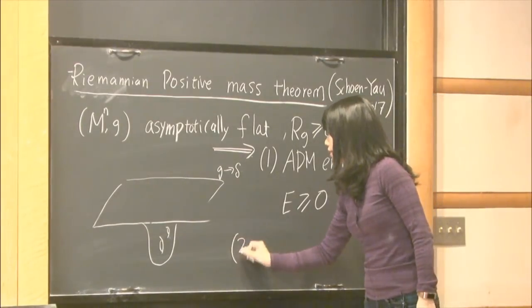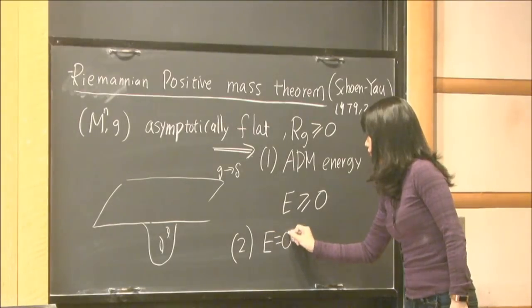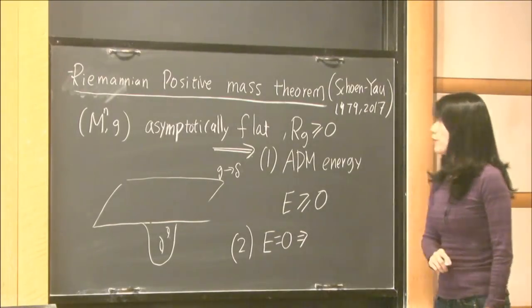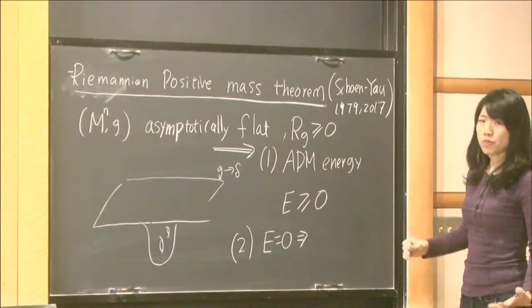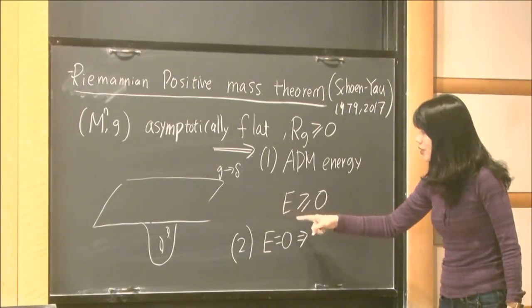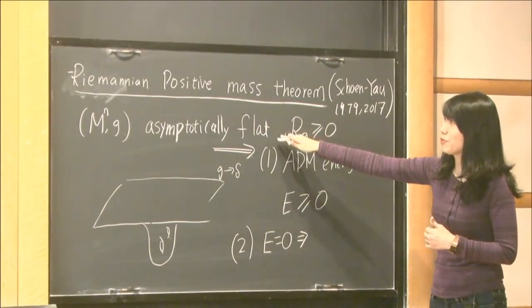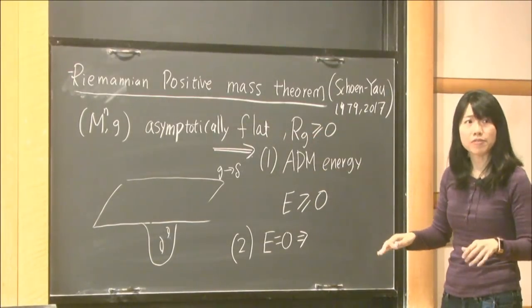And the second is, if that number is 0, the only possibility of such a manifold is Euclidean. So somehow this number, which we'll define later, captures the difference of an asymptotically flat manifold from being truly Euclidean flat.